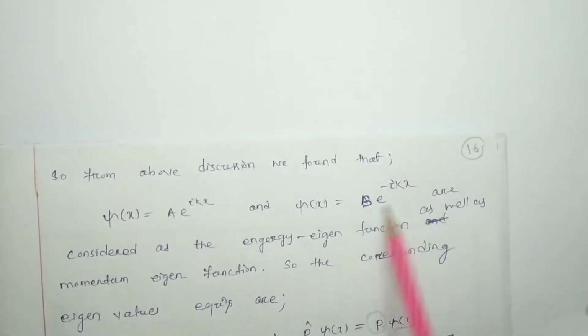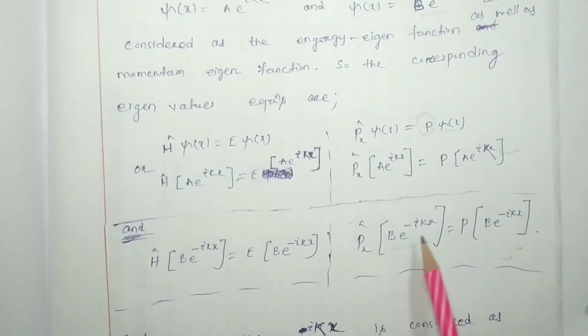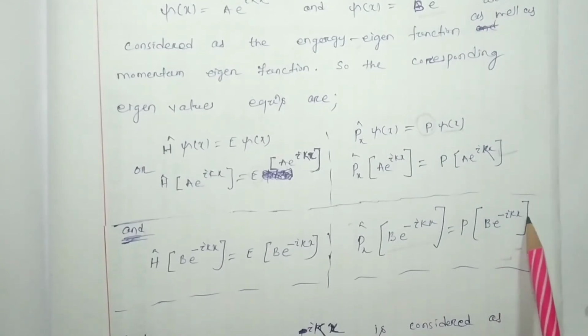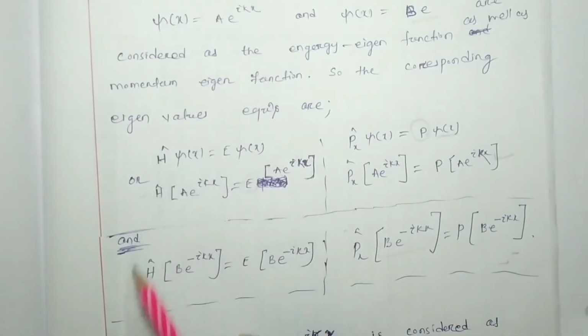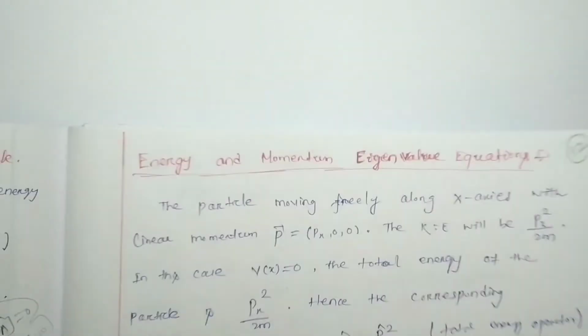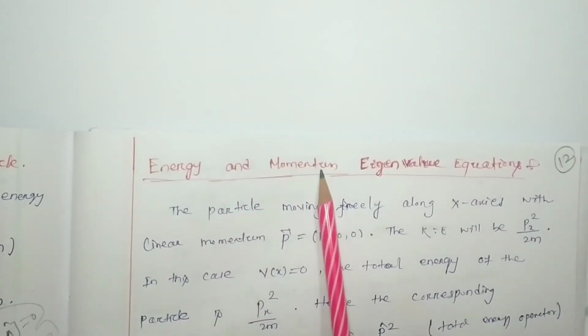We are considering this wave function, right? And px cap b e to the minus ikx equals p into b e to the minus ikx. So these are called the eigenvalue equations for energy and momentum.